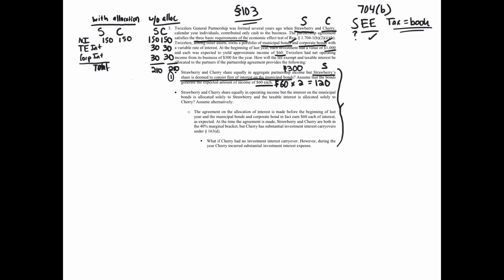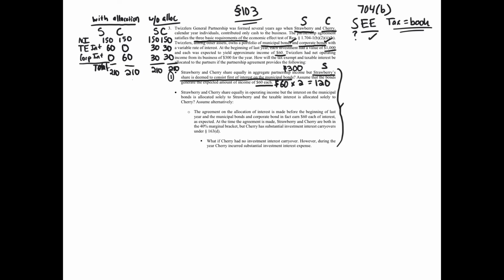The first $60 that Strawberry gets should come out of the municipal bond interest, and then if we need more, we go to corporate bond. Well, it just so happens that it's going to be all 60. Cherry gets 0 tax-exempt interest, Strawberry gets 0 corporate interest, and Cherry gets 60. So we add those together, we get 210, 210.